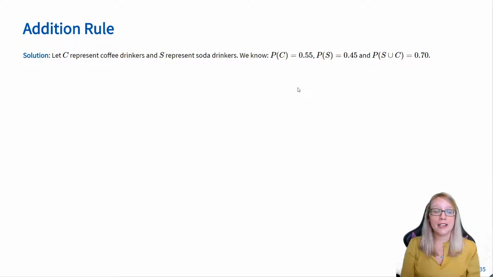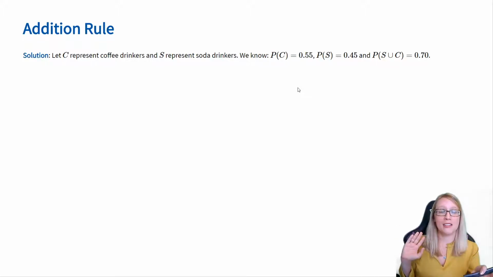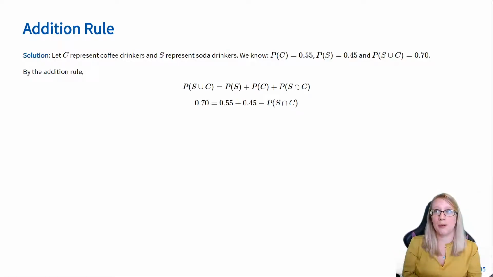So let C represent the coffee drinkers and let S represent the soda drinkers. We know that the probability of C is 0.55, the probability of S is 0.45, and the probability of at least one, so that's S union C, is 70%.